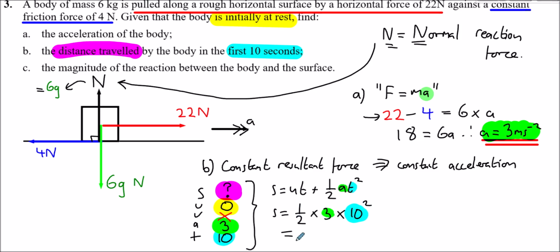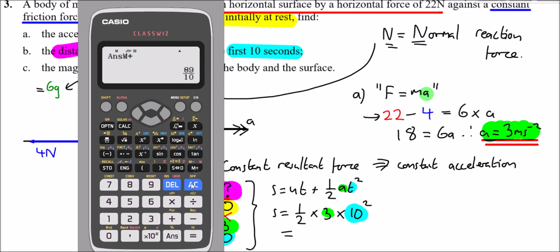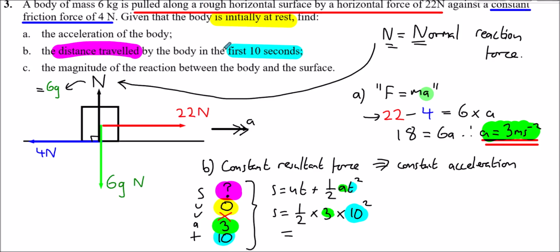Half times 3 is 1.5, times 100, that's going to be 15. Now, what I'd suggest you do is just use your calculator anyway. Don't be too smart about it. So half times 3 times 10 squared gives us 150. Of course it does, 150. I was thinking 50 and I missed a 0, so in fact, use your calculator. So yes, 150 meters.